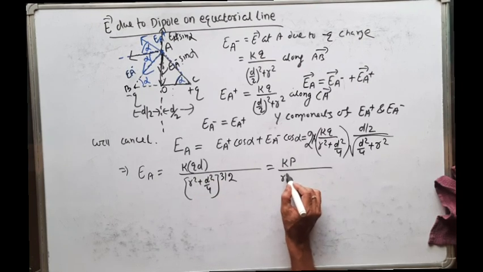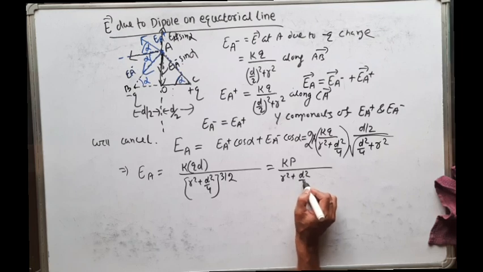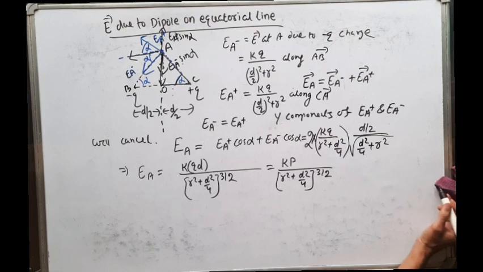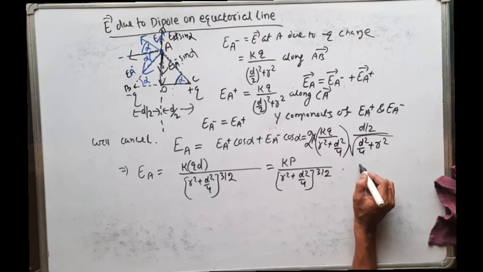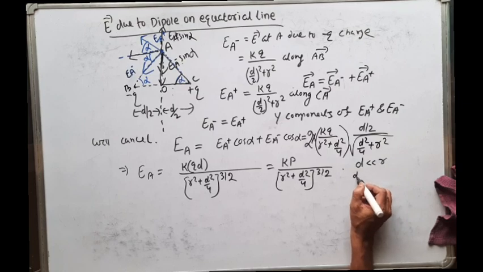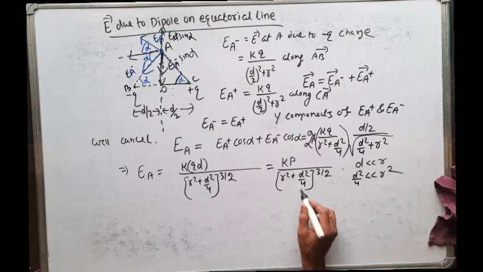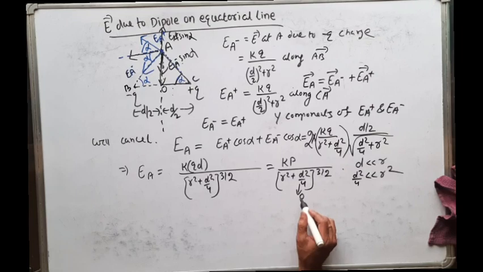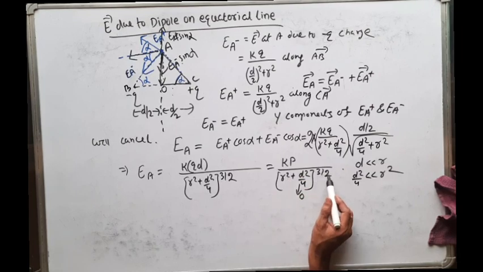So Kp by R square plus D square by 4, to the power 3 by 2. Generally the dipole distance d is very small compared to r. So we can neglect d square by 4, as it is very small compared to r square. So if you neglect it, let us say it is 0, then it is Kp by r square to the power 3 by 2.